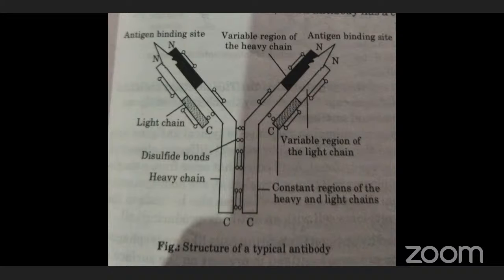For example, when a particular antigen enters our body, due to that entry the immune system responds and produces an antibody against that antigen. That antibody will react with the specific antigen which is responsible for its stimulation.